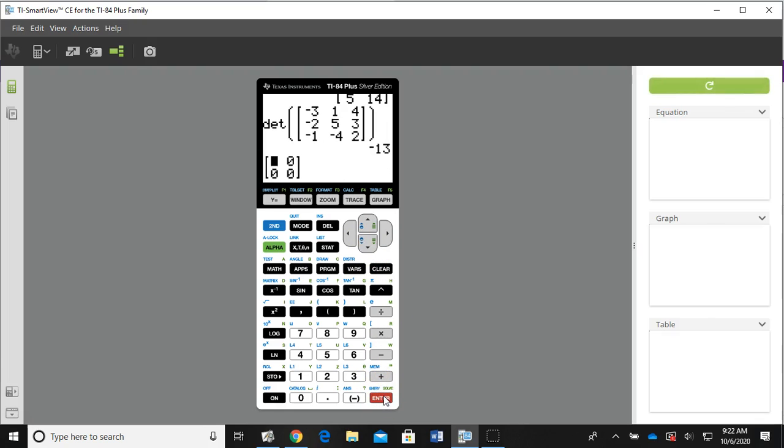And I plug them in. We got -3, arrow 4, arrow -2, arrow, and 1. And I hit that little x to the -1 button and hit enter. And there you go. 0.2, -0.8, 0.4, -0.6.